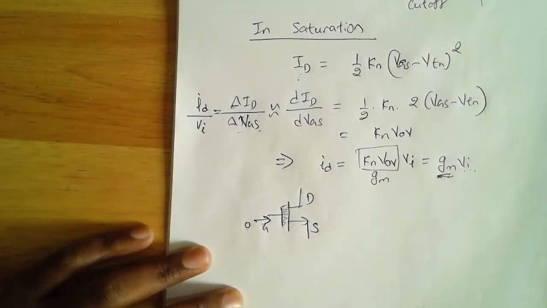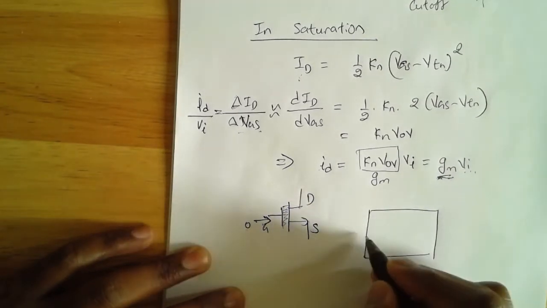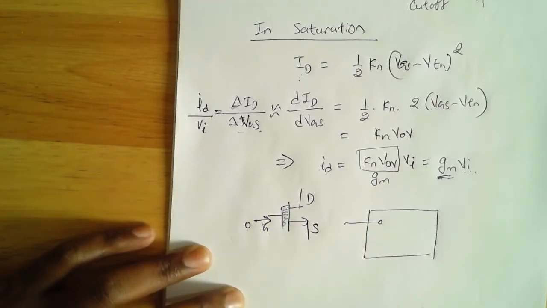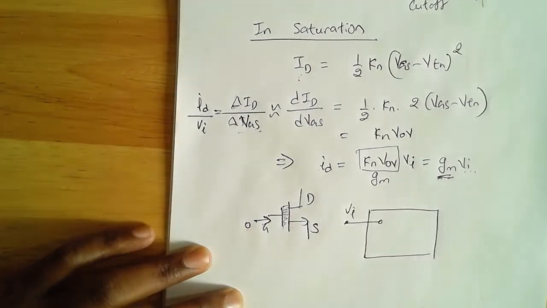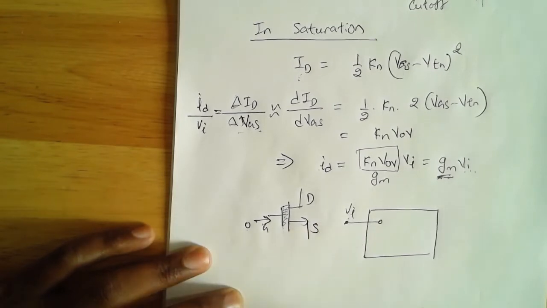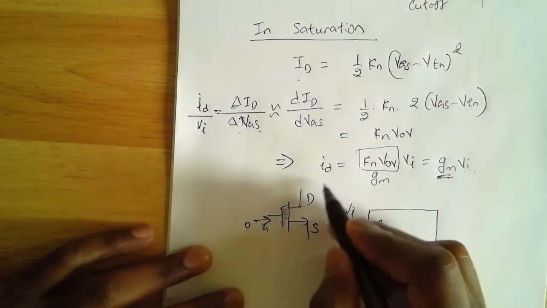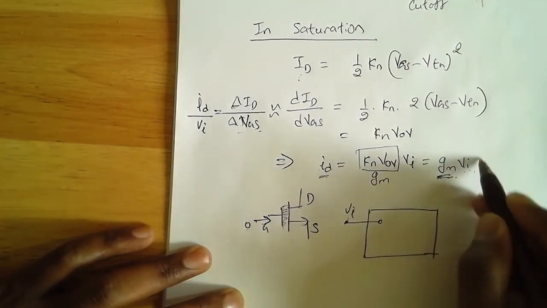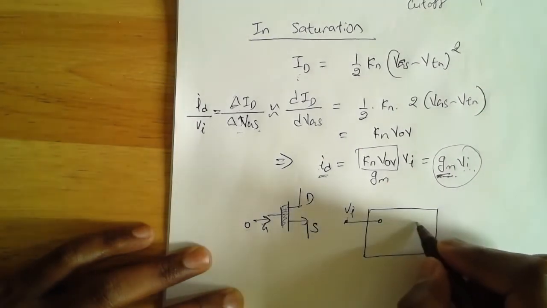So if I want to draw a model for this, at the input side my input impedance is infinite, so I'll just keep it open. Then I'm applying vi over here. Note that this vi means changes in VGS. At the output, I have basically a current which does not depend on the output voltage. It only depends on the input voltage, so you can depict this as a current source.